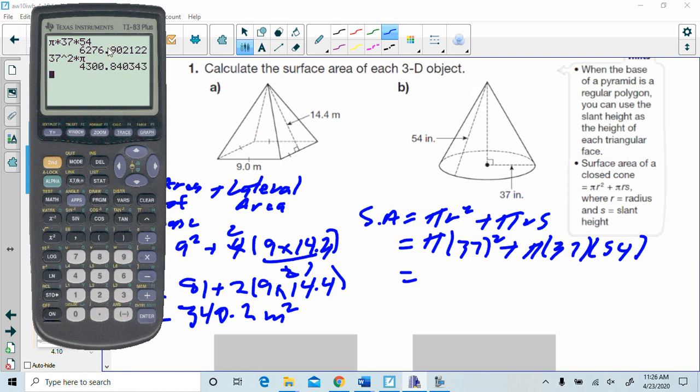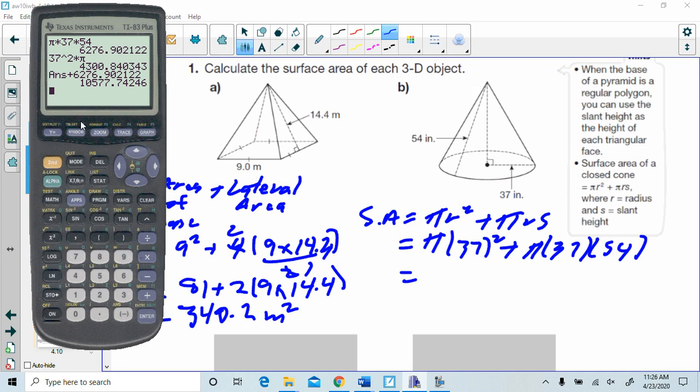So the original number being the lateral surface area. So we take the answer plus 6276.902122. And we get 10,577.7. We're going to round it to 10,577.7, or a whole number of 10,578, depending on what the question's asking for.